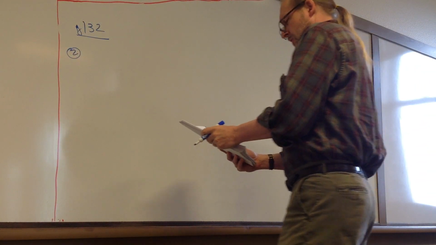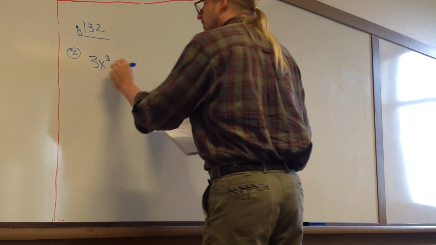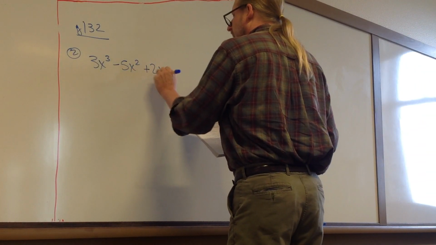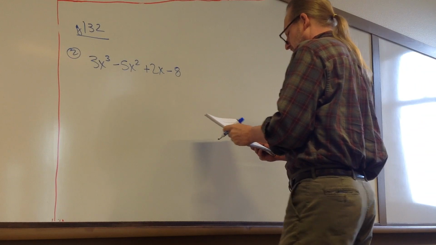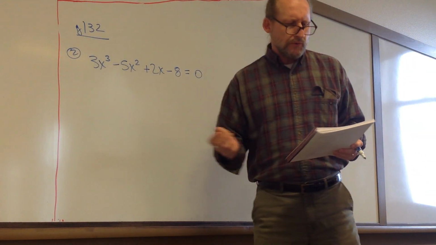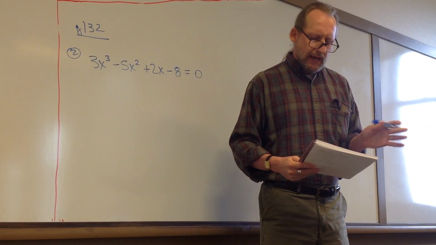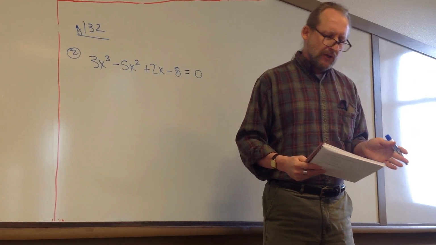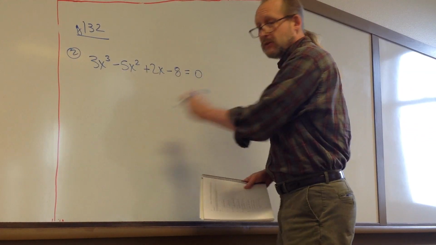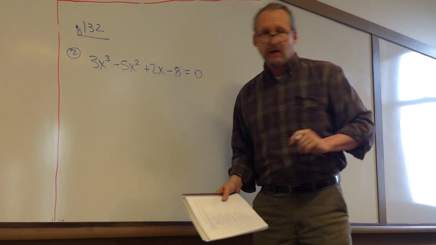Problem 2 says 3x cubed minus 5x squared plus 2x minus 8 equals 0. The instructions say find all the real and complex roots for the given equation, and then express the given polynomial as the product of prime factors with integer coefficients. So we're going to factor this as well.